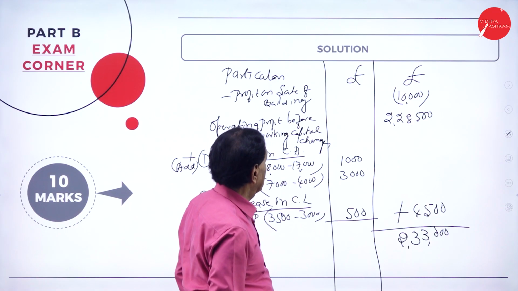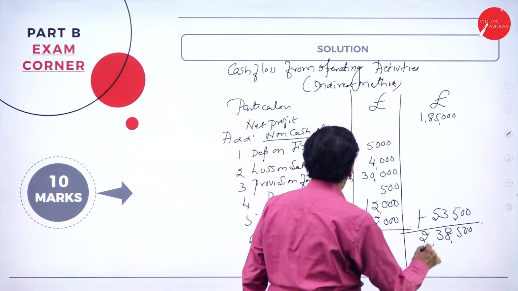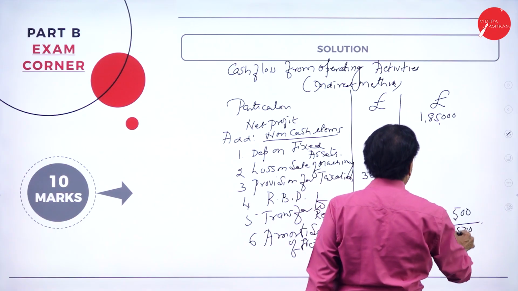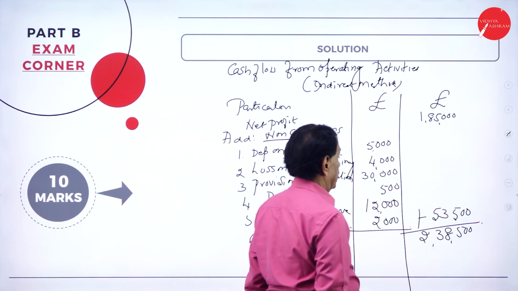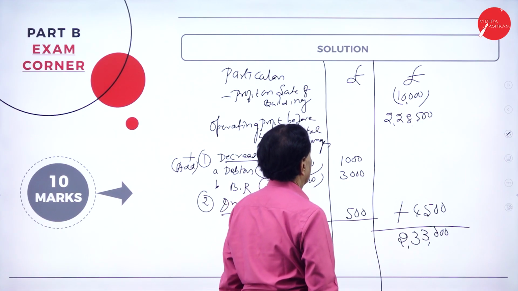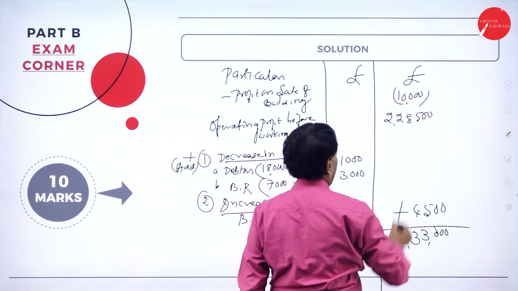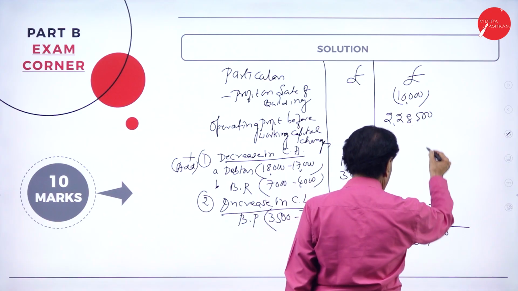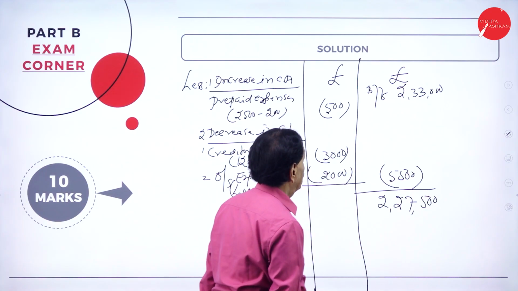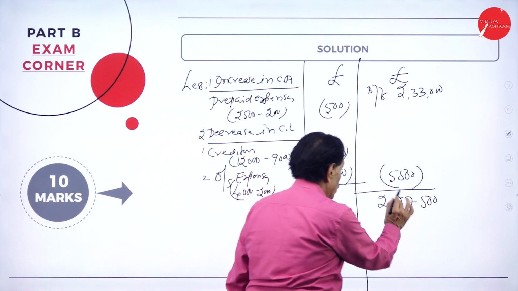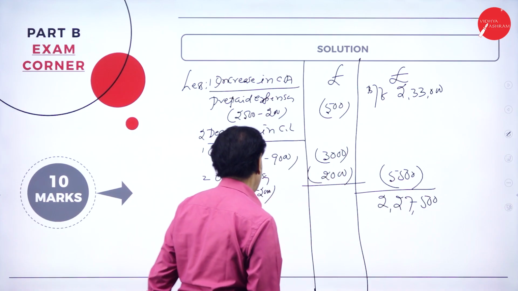Check the things. 1,85,000, 53,500, 2,38,500 minus 10,000, 2,28,500 plus 4,500, 2,33,000. Then minus 5,500, 2,27,500.